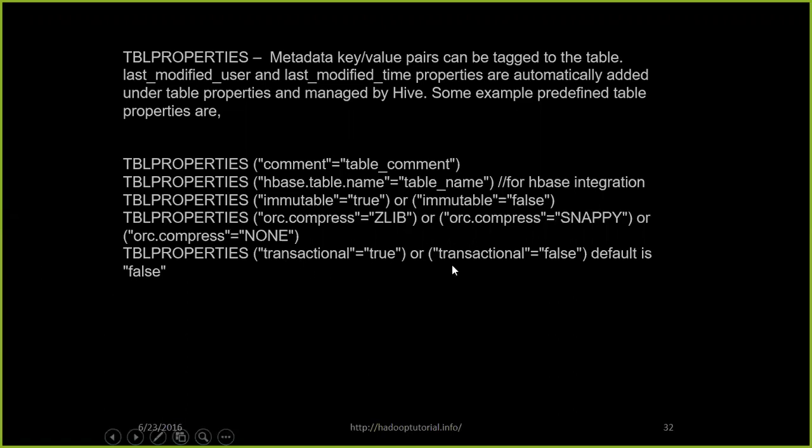And transactional equal to true and transactional equal to false got introduced very recently in Hive 0.14 to support the transactional nature of Hive. But this is not a successful feature. Don't worry about this at all. And the same case with immutable true or false. This one we'll discuss once again in HBase integration. And this is a typical comment you can add in table properties. So now my focus is to specify the compression technique.